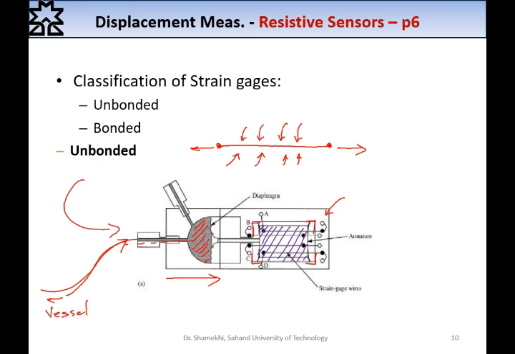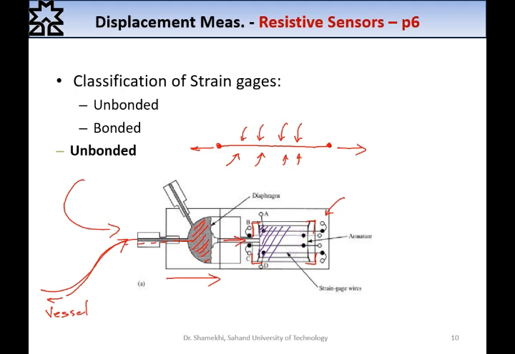Now the forces are transferred from this axis, from this bar, to the movable part of the sensor. And if the pressure from the blood pushes the diaphragm from left to right, this moving part will move from the left to the right.